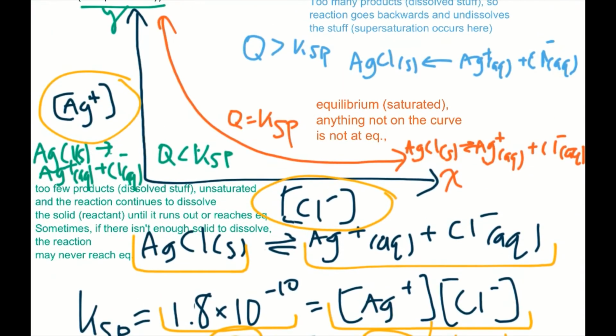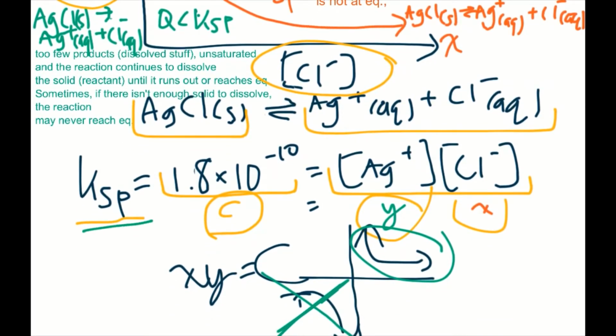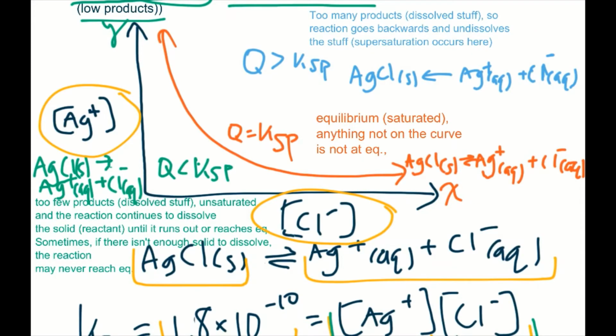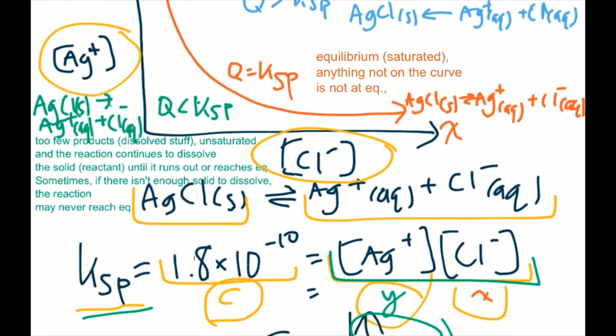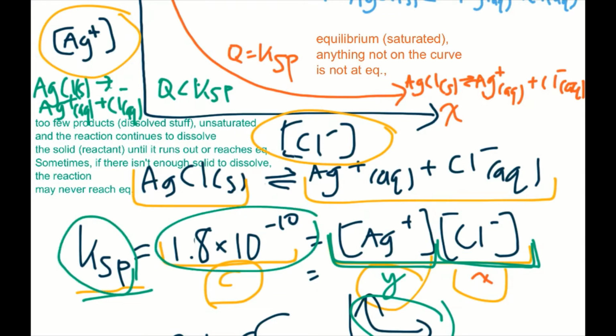So note the relationship, and this is when Ksp is equal to the Ag+ concentration times the Cl- concentration. So notice how along this curve, Q will equal Ksp, because along this curve, the silver concentration and the chloride concentration multiply up to equal this number, which turns out to be the Ksp.